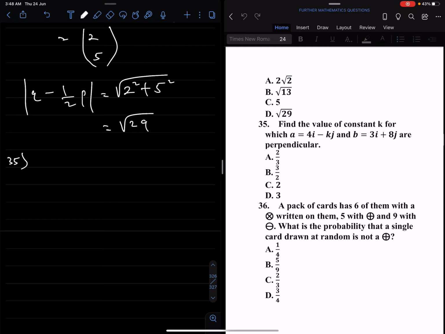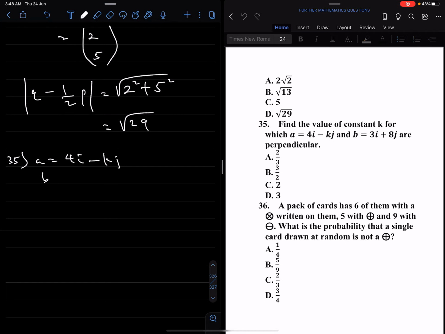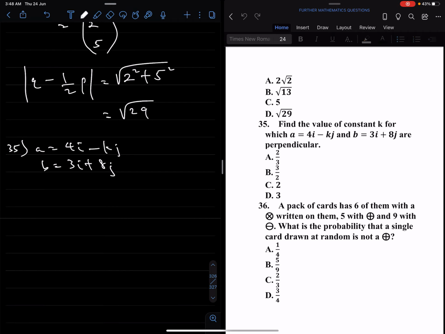Find the value of constant k for which a equals 4i minus kj and b equals 3i plus 8j are perpendicular.